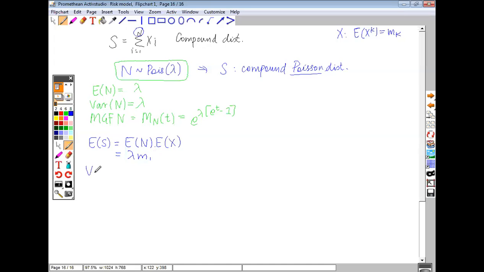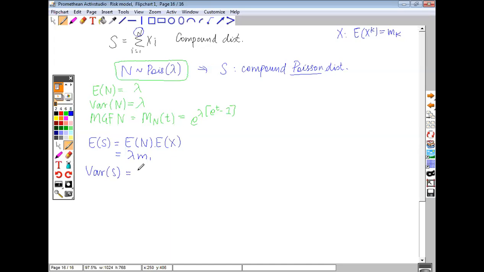So my expectation of X raised to 1 will just be M1. Now if I have to figure out the variance of S, we go back and have a look at the formula. Can someone dictate the formula for variance of S here? What was the thing that we highlighted in the previous lecture?